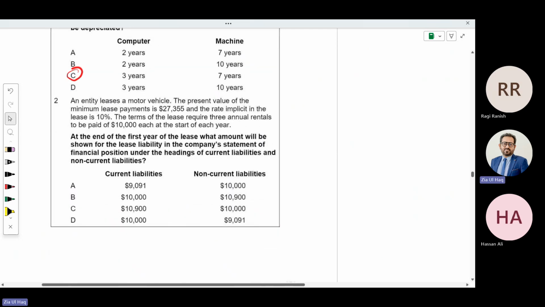Number 2. An entity leases a motor vehicle. The present value of minimum lease payments is 27,355. And the rate implicit in the lease is a 10% interest rate. The term of the lease requires 3 annual rentals of 10,000 each to be paid at the start of each year.